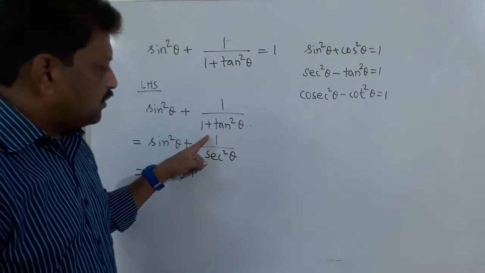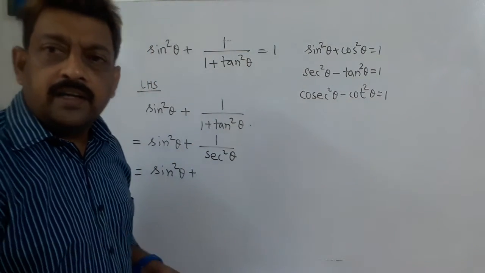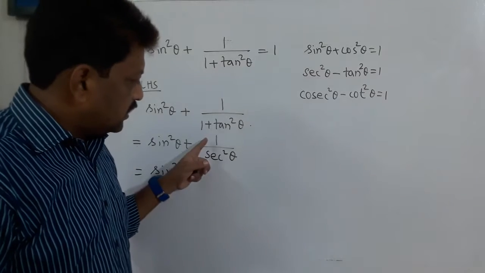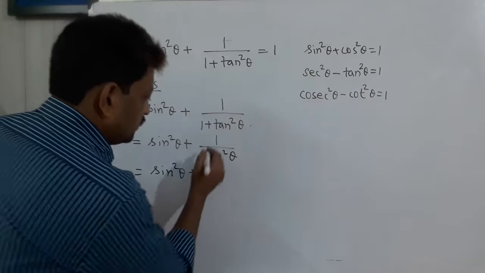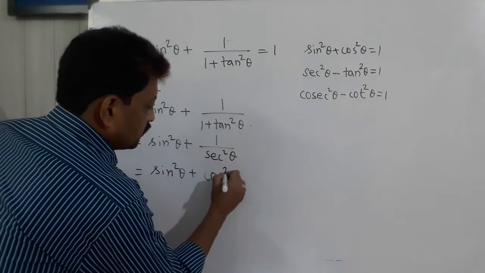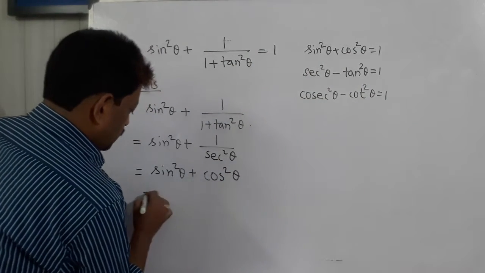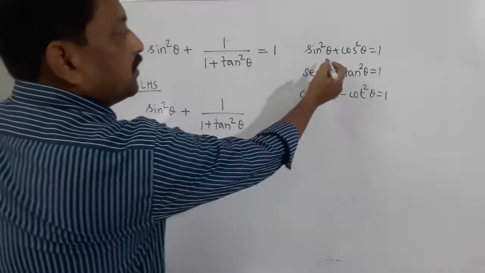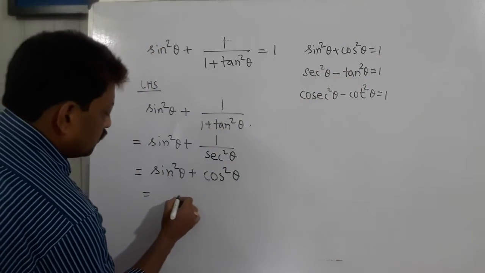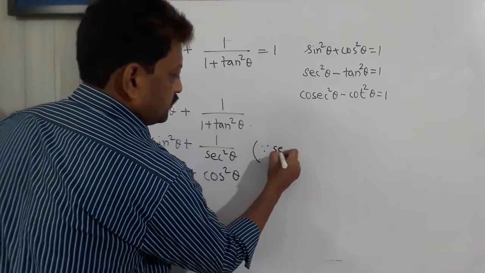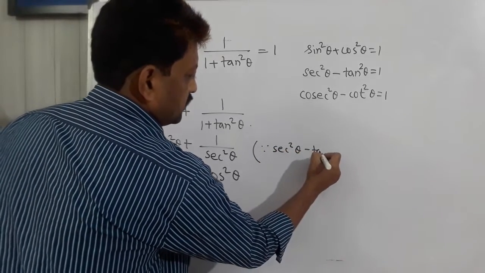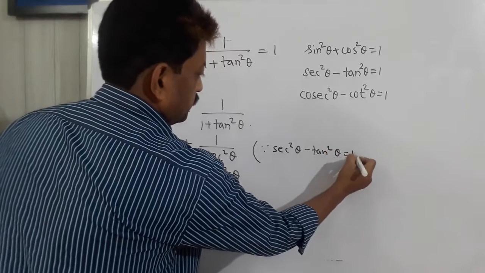So in place of 1 upon sec square theta, I can write cos square theta. Now sin square plus cos square, from the first identity, is 1. Here I have used the identity sec square theta minus tan square theta equals 1.